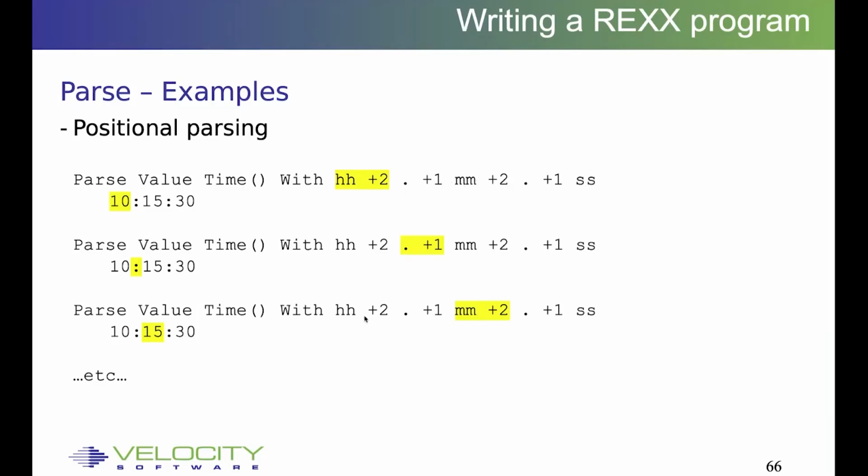So here is the 15 value that will go into MM. And this goes on until the end of the string. The result should be HH contains 10, MM contains 15, and SS contains 30. That's the end result of what this will provide for us.